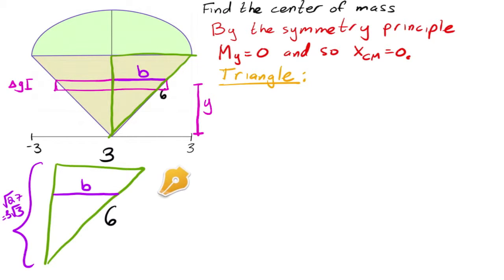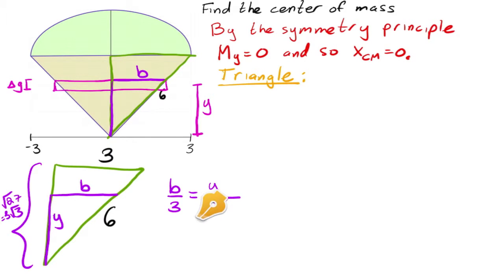So then let's use similar triangles here. So then I know that b over 3 is going to equal y, which is right here, this section right here, right? That's just going to be y. So that's going to equal y over 3 root 3.